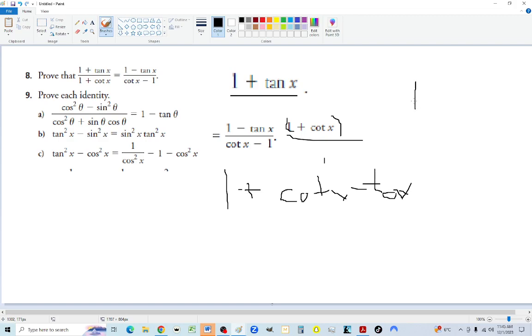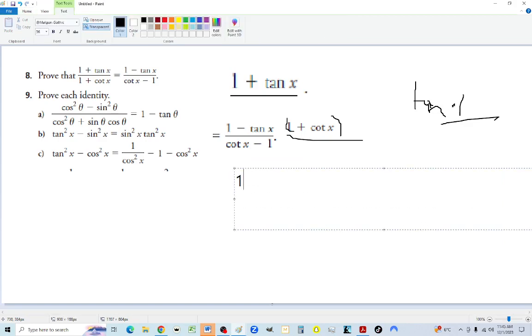Well, tan x times cot x is the same as tan x times 1 over tan, so they'll cancel out and you'd be left with 1. So we're left with 1 plus cot x minus tan x minus 1. The 1's cancel out, so you're left with this.